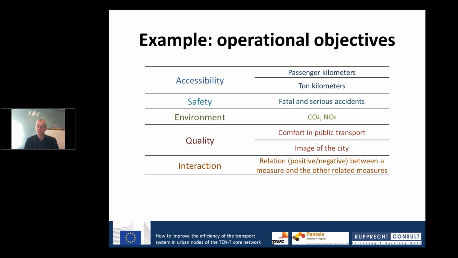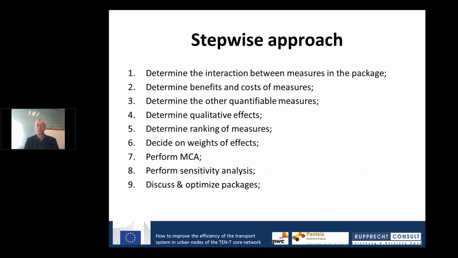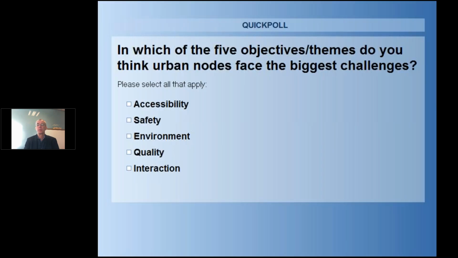Jan, yes? Can I interrupt you briefly before you go on? Before you get into the approach, I would like to ask another question of our participants, if that's okay. We have another poll question. Could you just step back to the previous? Okay, that's okay. The question is about the 5 objectives or the themes that you've identified, and I would just like to ask the participants what their experience is or what their feeling is from their perspective about where the biggest challenge is.